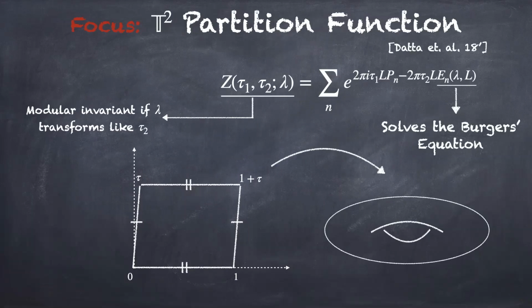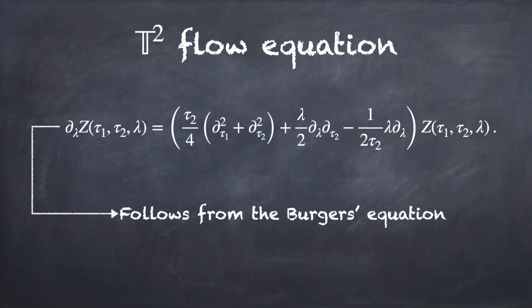It's been shown by Datta and collaborators that this quantity is modular invariant if the deformation parameter lambda transforms like the imaginary part of the torus modulus. And we do have a flow equation for this quantity, which doesn't rely on the large C limit or anything of the sort, and is a simple partial differential equation.